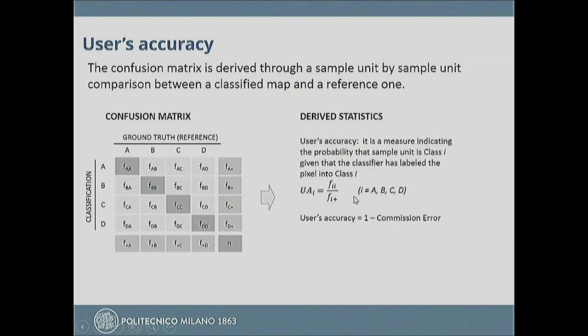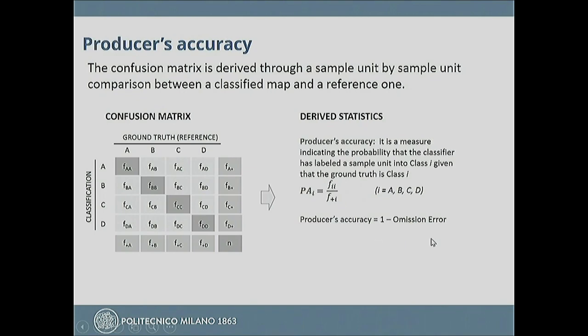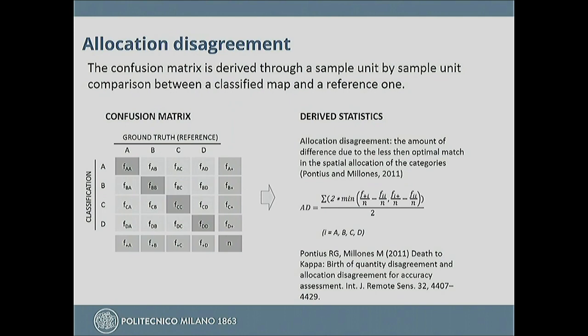It is the same, but I divide by those terms, and the user's accuracy corresponds to the commission error. It is 1 minus the commission error, while the producer's accuracy is 1 minus the omission error.